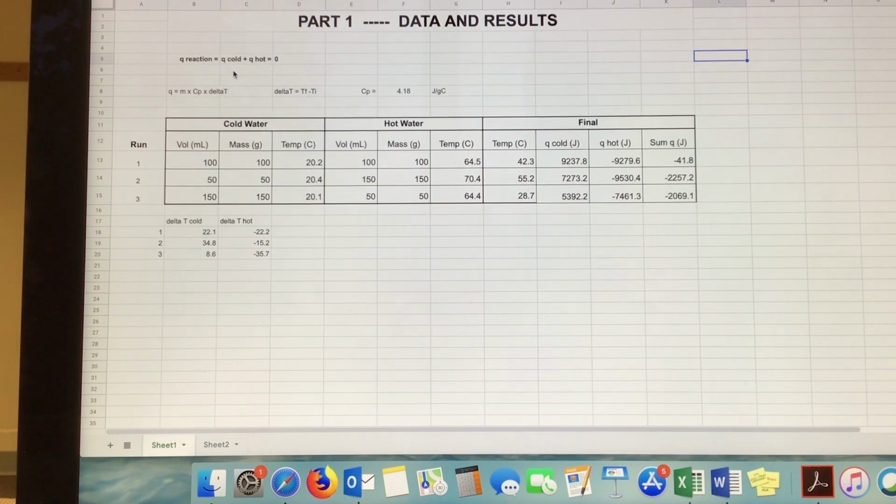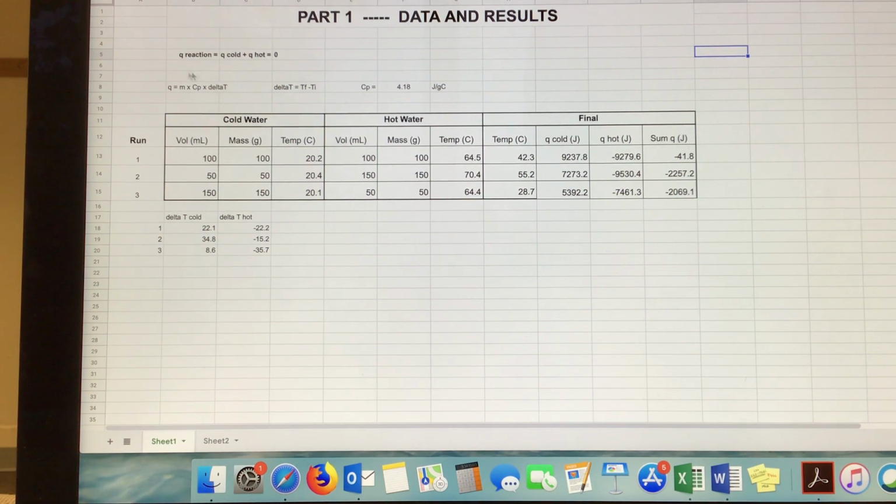For a closed system, like the one that we explored with our calorimeter, the Q reaction equals 0, which means that the amount of heat absorbed by the cold water needs to be the same as that being released by the hot water if we are in the presence of equimolar amounts, so same amounts of cold water and hot water.